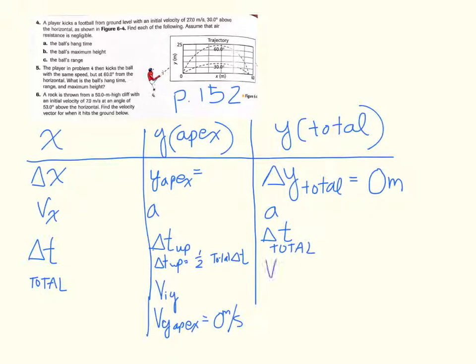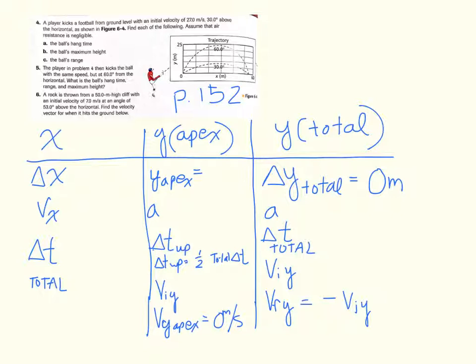And then I have my initial velocity in the y direction, and then I have my final velocity in the y direction. And remember that that is equal to negative the initial velocity in the y direction. Those things are opposite. So let's use this table to fill in the rest of the information that we know.